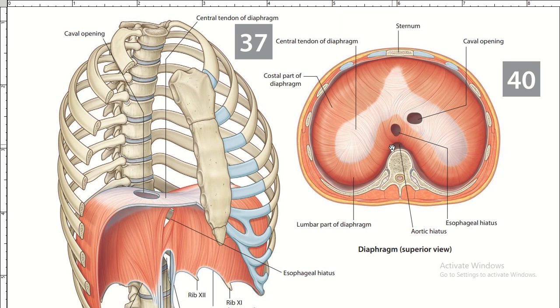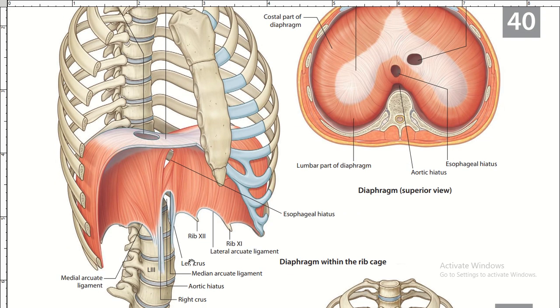So those are the structures that will be found within the aortic hiatus. Then there are also structures that will pierce the diaphragm, but they won't be forming these large openings. I call them the 2S.